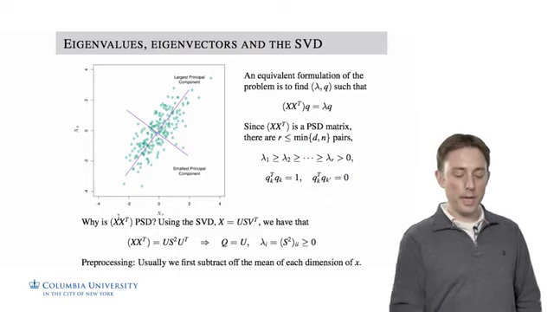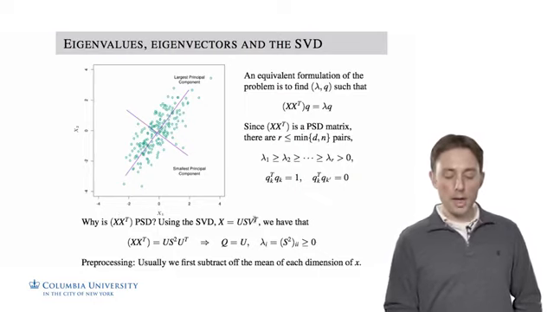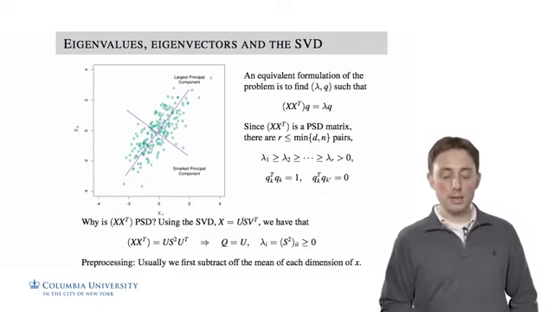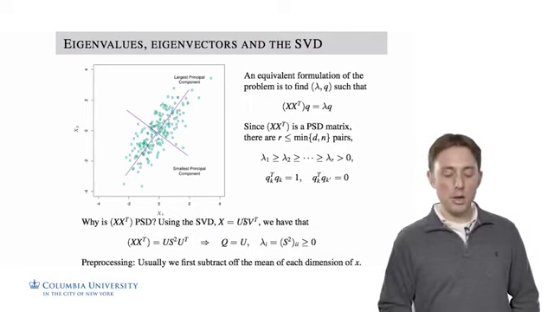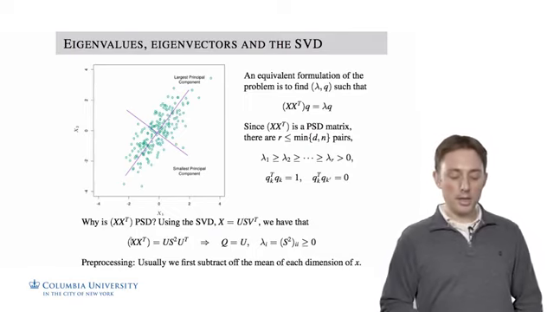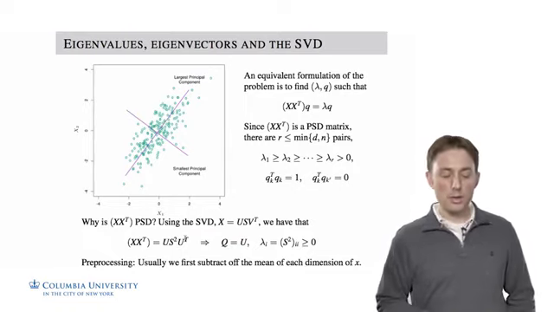Now if we take X times X transpose and write it in terms of its singular value decomposition, this matrix product is equal to U times S squared times U transpose.